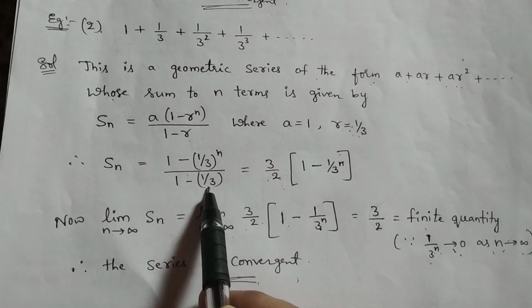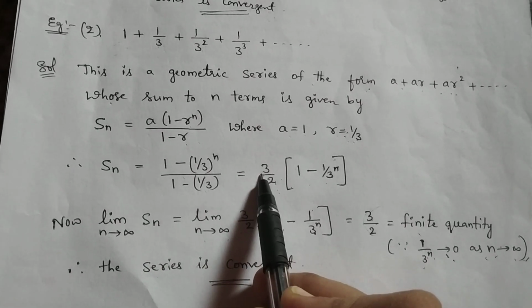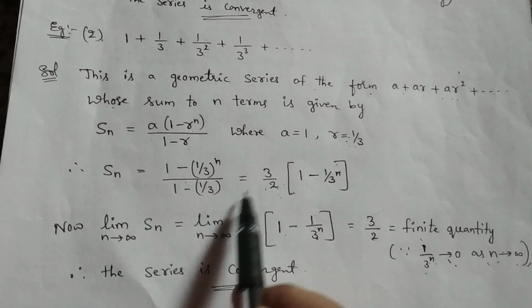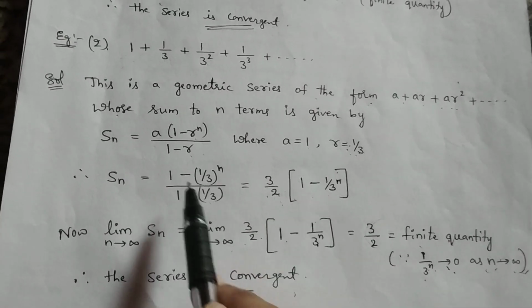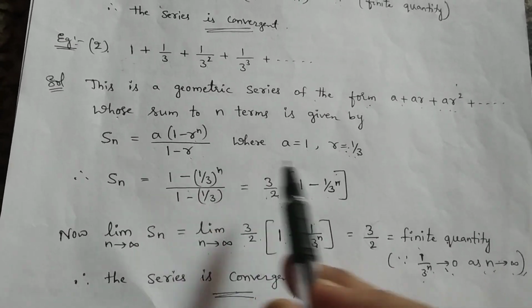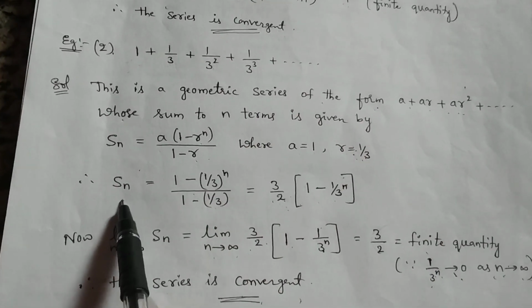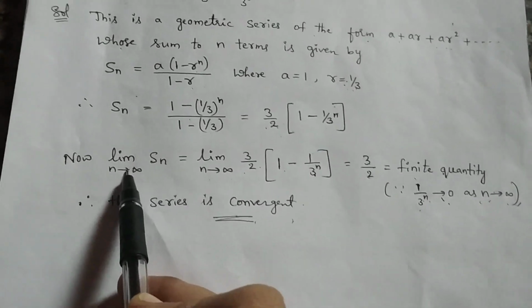1 minus 1 by 3 is 2 by 3. Taking 2 by 3 to the numerator, it becomes 3 by 2, so Sn is 3 by 2 into 1 minus 1 by 3 power n. Now after finding Sn, we do the same thing as earlier: apply n tending to infinity.